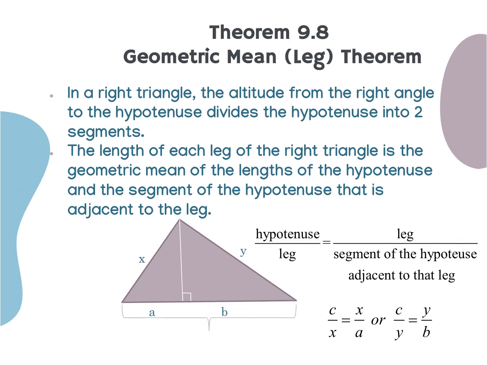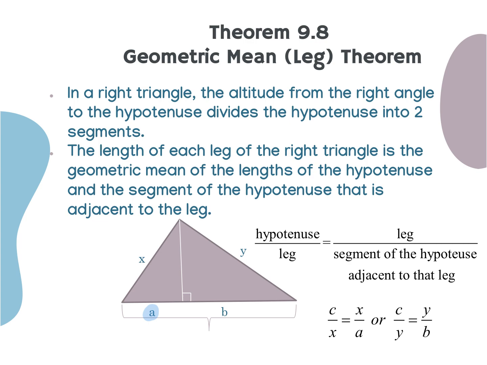All right, theorem 9.8, geometric mean, which is the leg theorem. Please don't get these two confused. When you're looking for the altitude, you need your two segments. But now they're asking for a leg. So where are my legs? Please understand where your legs are. I'm going to highlight, here are my segments. We used my segments before.